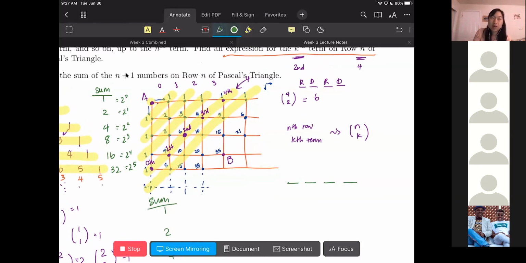And for each of those blocks, we could pick right or down. So that gives you 2 times 2 times 2 times 2, which is 2 to the 4.